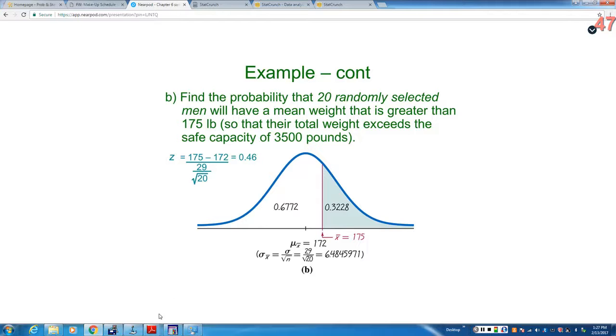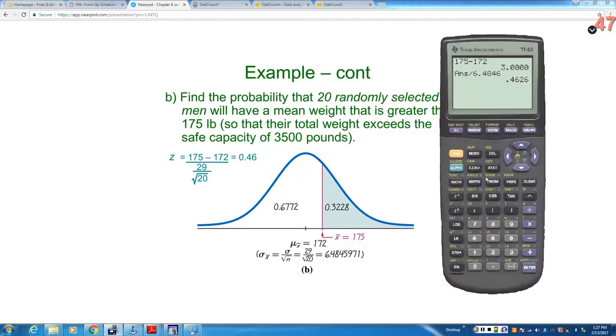And now we have to find second, inverse normal CDF. We're going from 0.46 out to infinity. Okay, so we're going to have 0.46 all the way out to infinity. Second e to the 99. Enter. And you get what? 0.3228. And that's your answer.